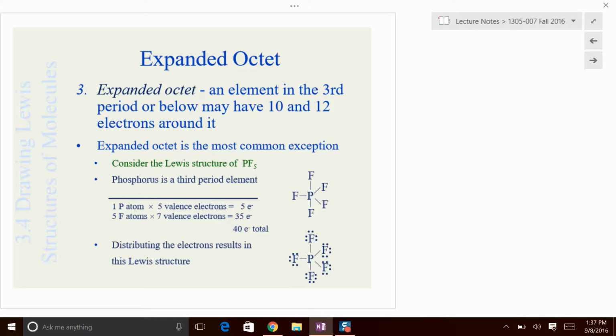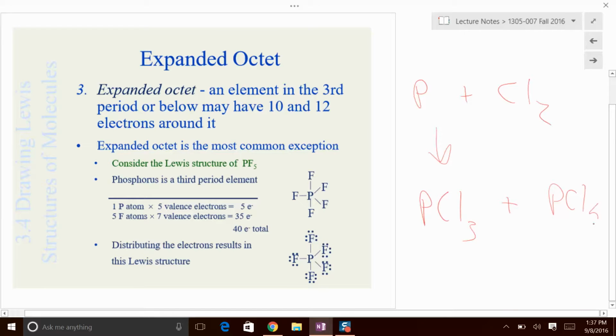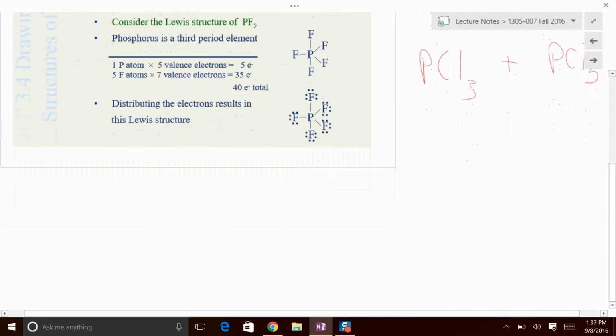So if I run a reaction between phosphorus and chlorine, I get 2 outcomes. I get PCl3 and I get PCl5. Well, that's weird. So if I draw the structures of these, P, Cl, Cl, Cl, here's my phosphorus trichloride.